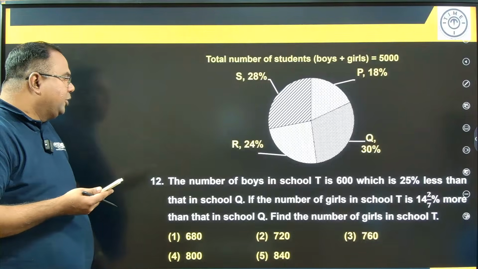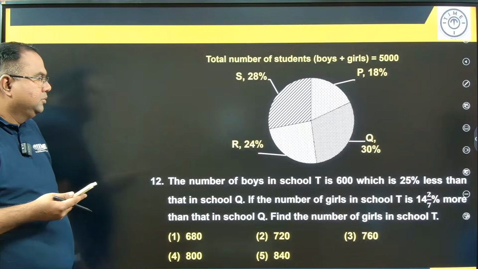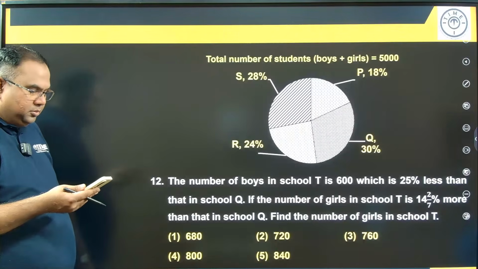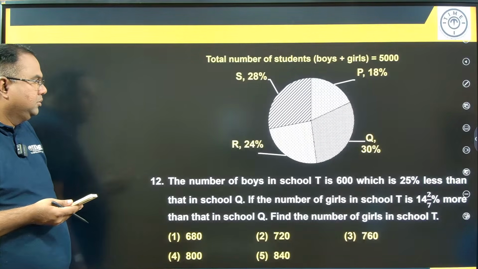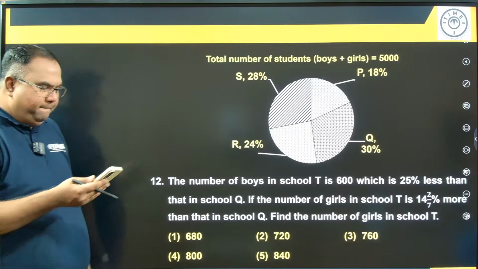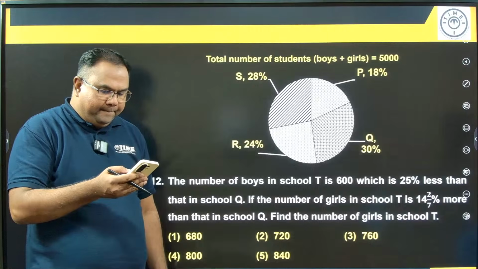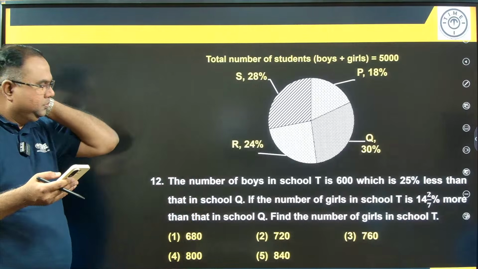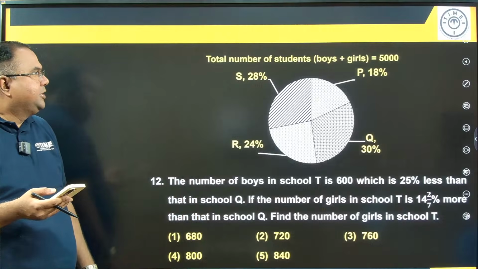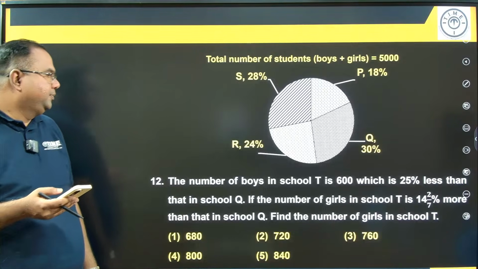Try question number 12, students. He's talking about another school, T, here.